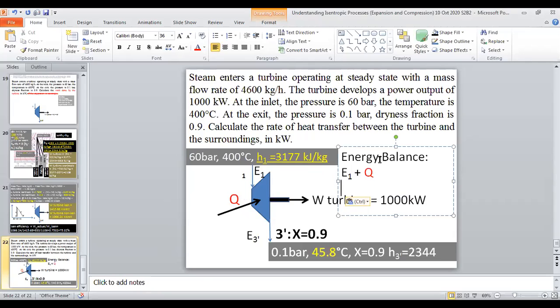I just follow the arrows. Leaving this is, as I say, W turbine is leaving.